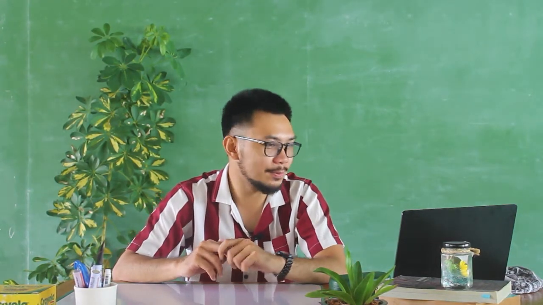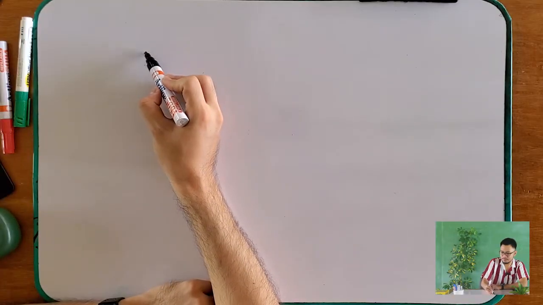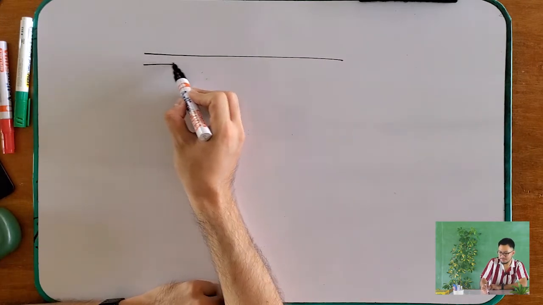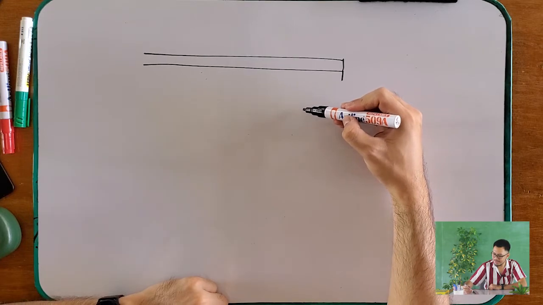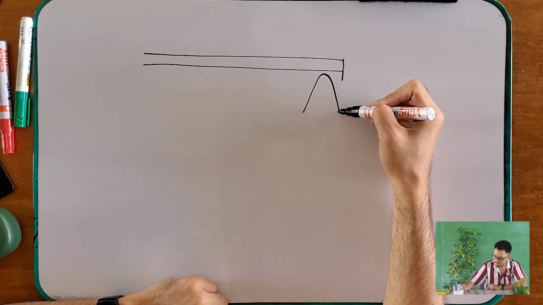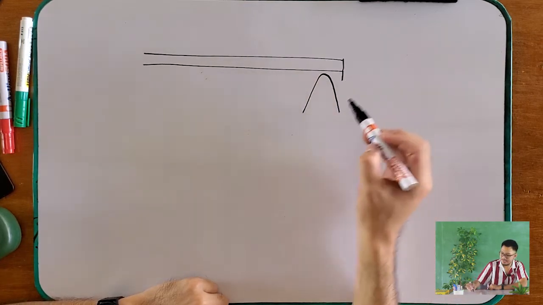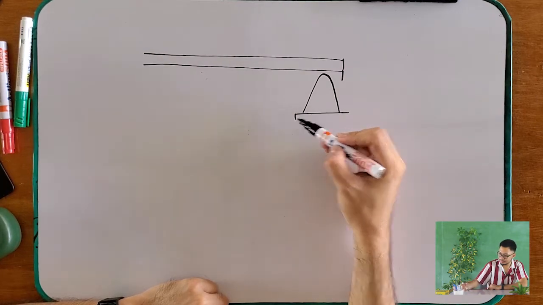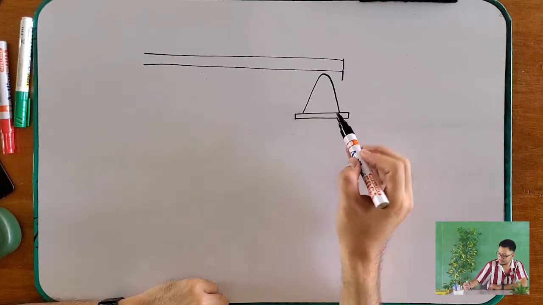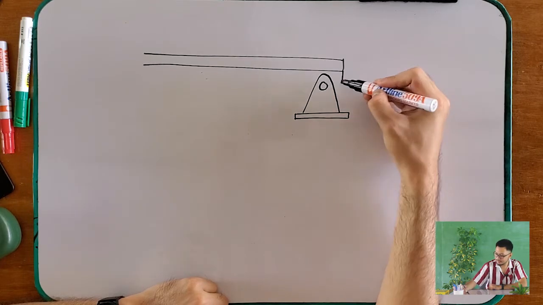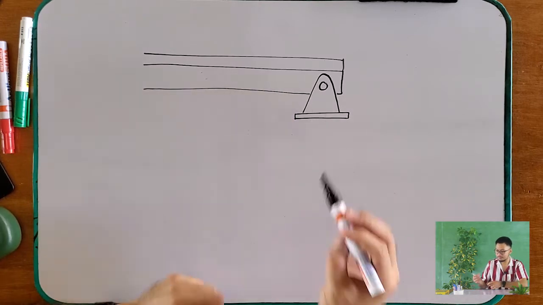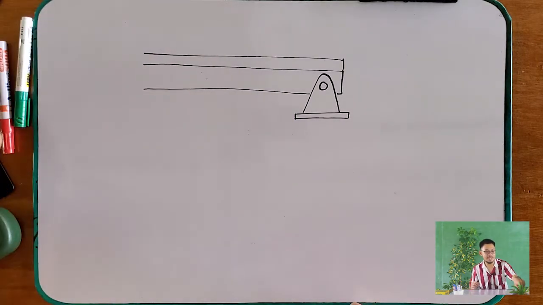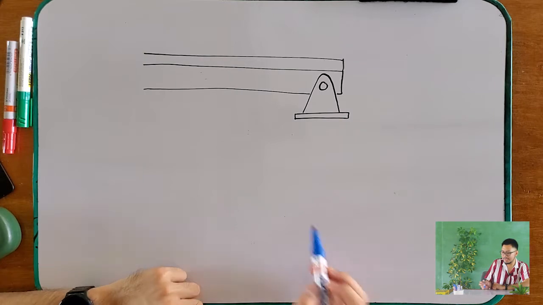Unsa naman ning pin support? So we have this beam nasad. We have this beam. And then you have this leave. And you have this pin. Okay? Sa itsura niya, kung atong ikuan, atong 3D.